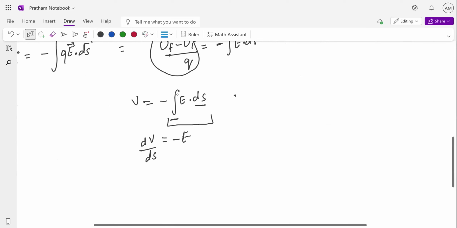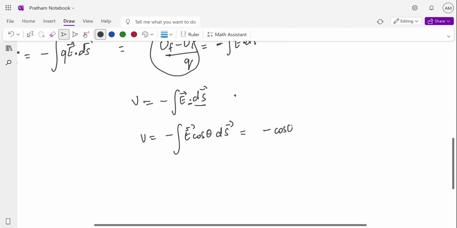Instead of doing it directly, because there's a dot product, let's clean that dot product first. Before differentiating, put in that dot product. So V equals minus the integral of E cos theta ds, and the angle between them is a constant, so I can keep that outside. I am just left with the magnitude part.